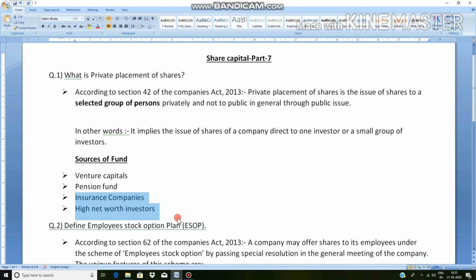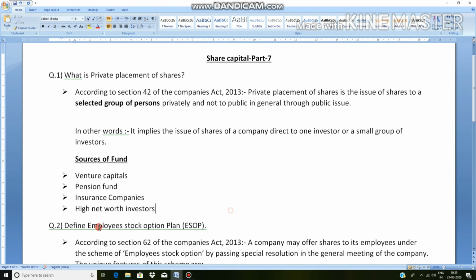Because IPO, what is IPO? As I informed you in a previous video, IPO means initial public offer. IPO is a much more complicated procedure in comparison to private placement of shares. I hope up to this point everything is clear in your mind.